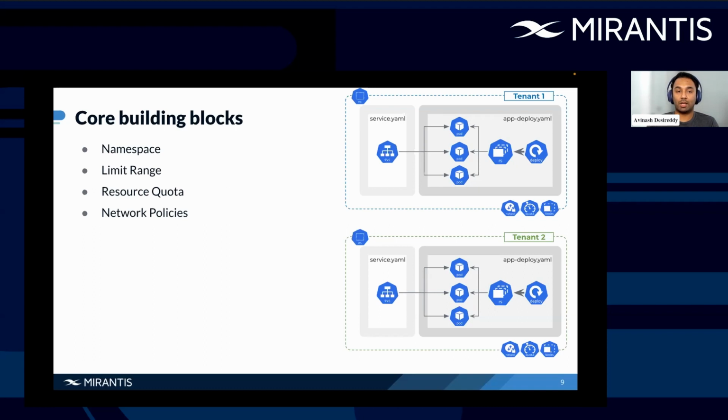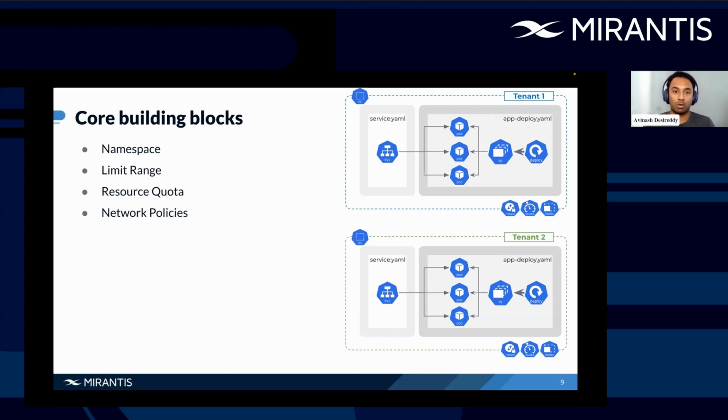And let's say one tenant has a certain number of resources that they need to access, because the cluster is shared. If the cluster is 100 GB in memory, which is what the nodes add up to, we don't want tenant one to use all the memory available in the cluster, or tenant two to use all the memory in the cluster.